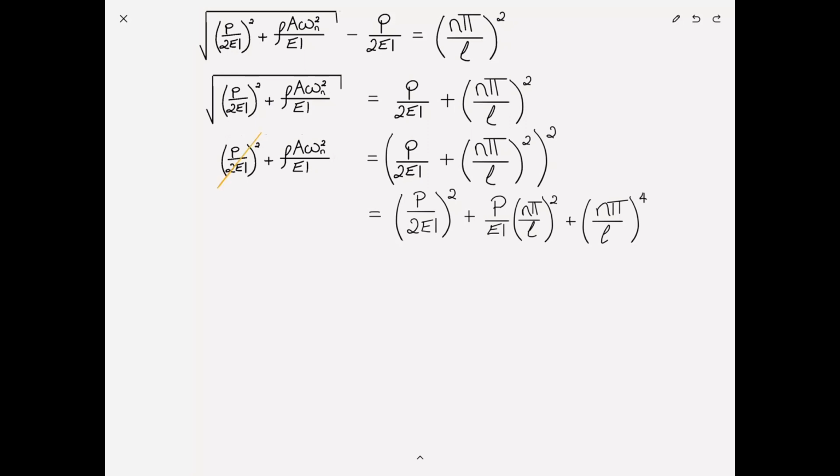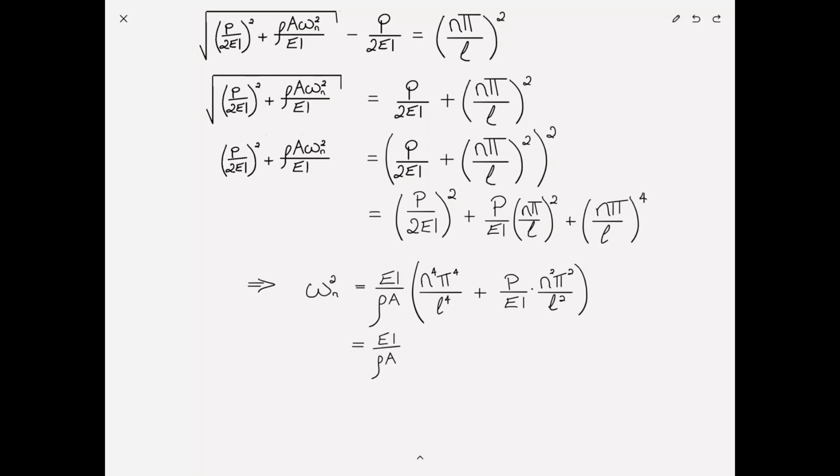Now you should notice that this term on the left-hand side cancels this first term on the right-hand side. And now what we're going to do is rewrite this equation in terms of omega. So dividing both sides by rho A over EI gives us omega n squared is equal to EI over rho A times, and I'm just going to switch the order of these two, n to the fourth pi to the fourth over L to the fourth plus P divided by EI times n squared pi squared divided by L squared.